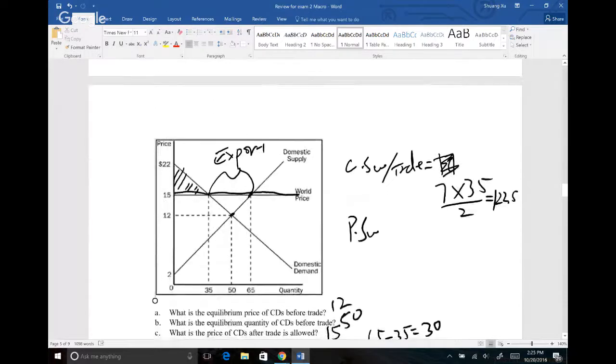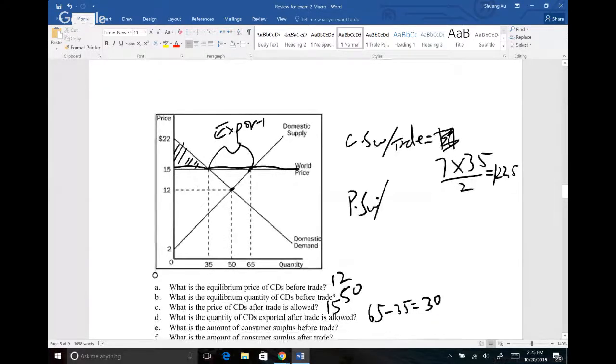And then the producer surplus with trade. There will be this big triangle right here. That's your producer surplus with trade. So you're gonna be 15 times 65 divided by 2. So 15 times 65 divided by 2.